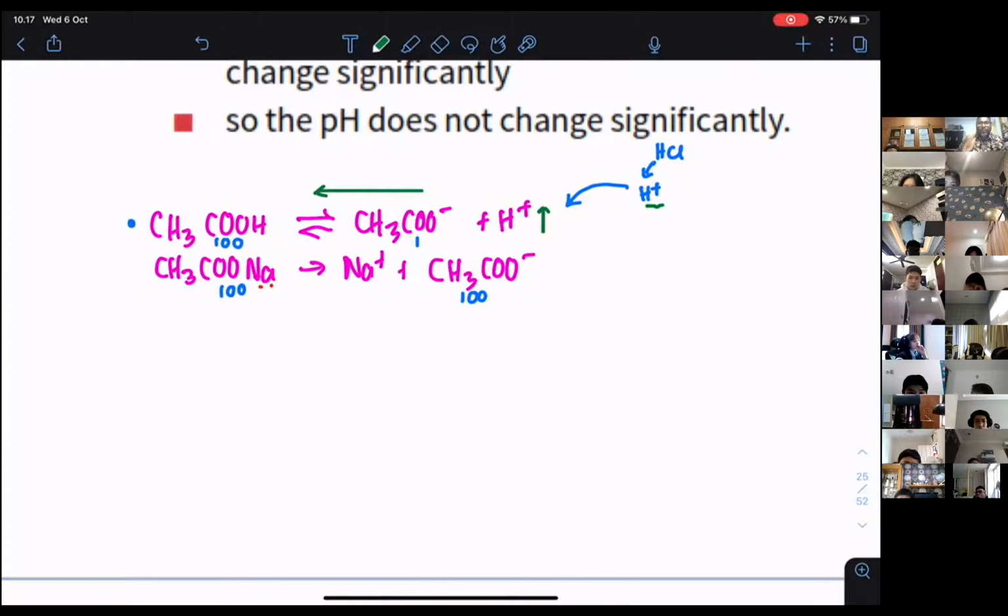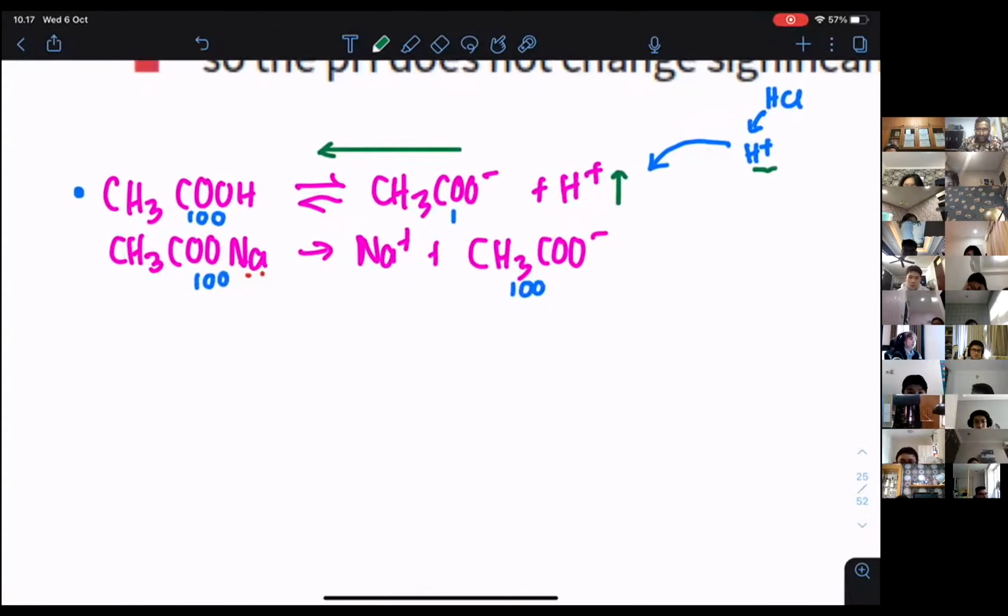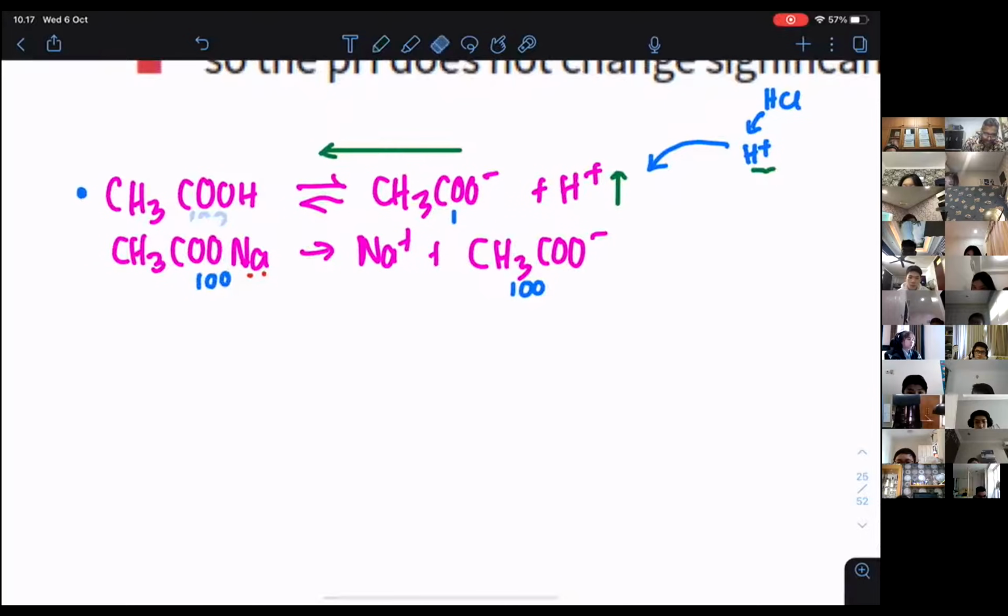But according to the equation, while you are doing the readjustment, I will erase this part now. I'm going to still use the apple concept over here. When I rearrange this, during that process, not only is H plus being reduced, CH3COO minus is also being reduced, and at the same time it is also forming more CH3COOH.